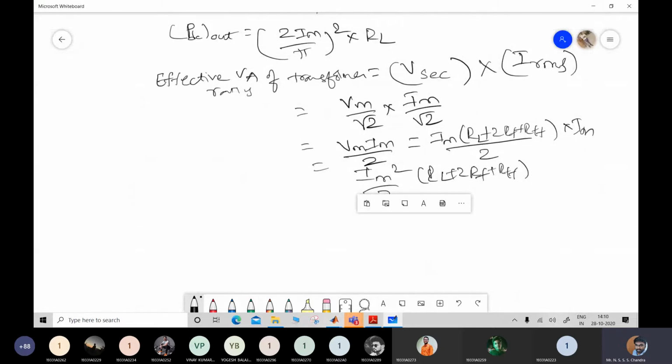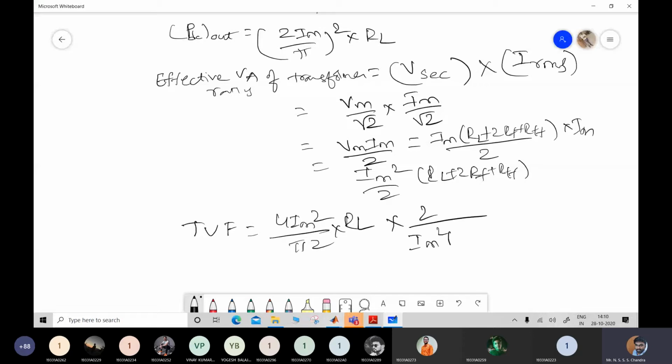So what will be the TUF value? The TUF value will be PDC out divided by the VA rating. So that will be equal to 4 Im square by pi square into RL, divided by the term with (RL plus 2RF plus RTF) and the factor of 2.